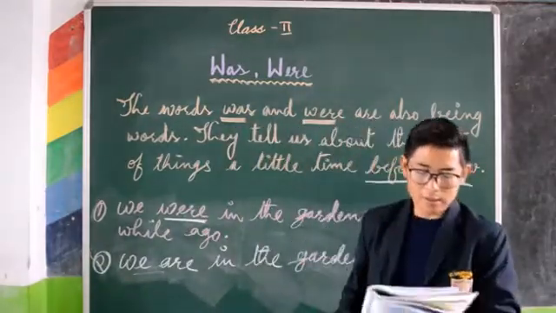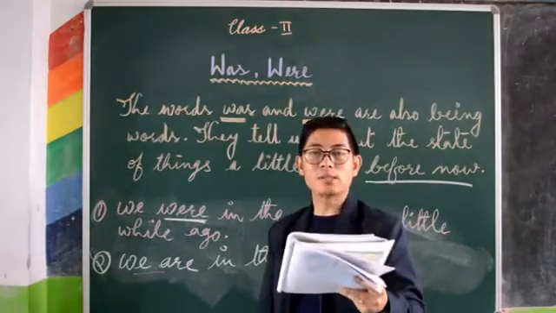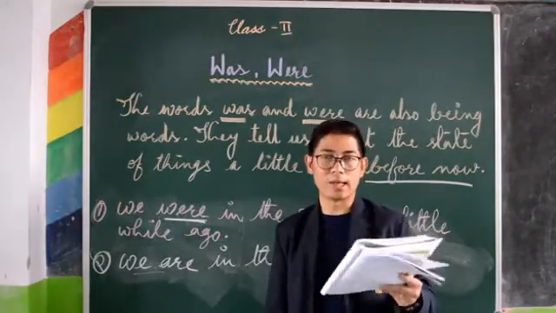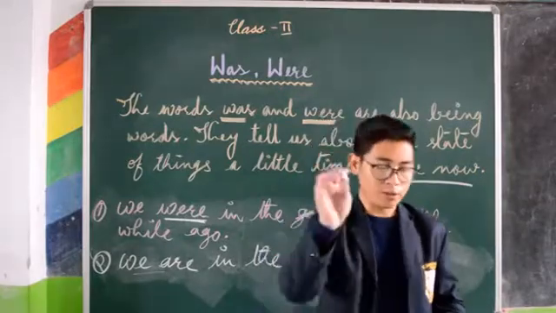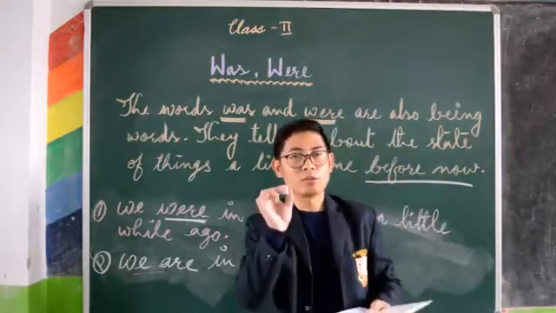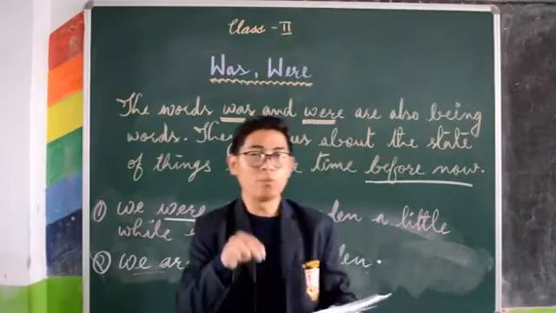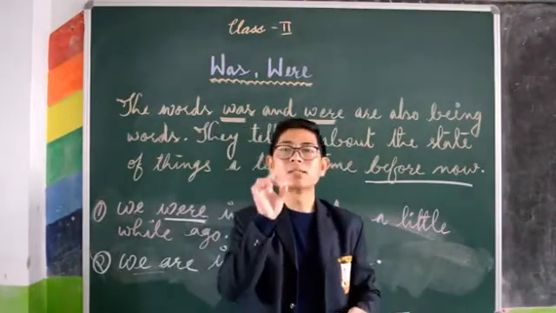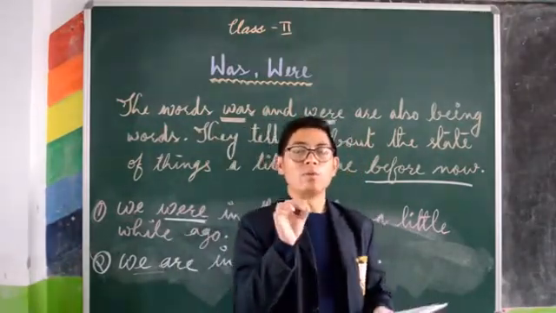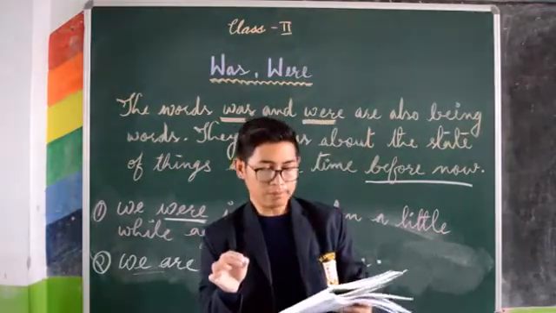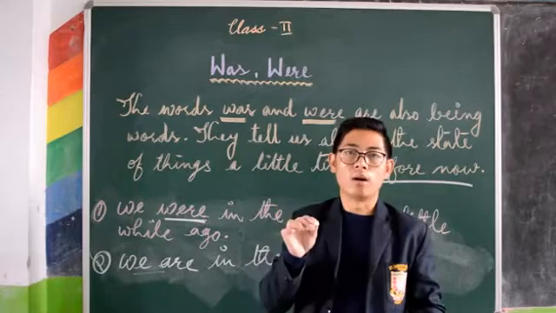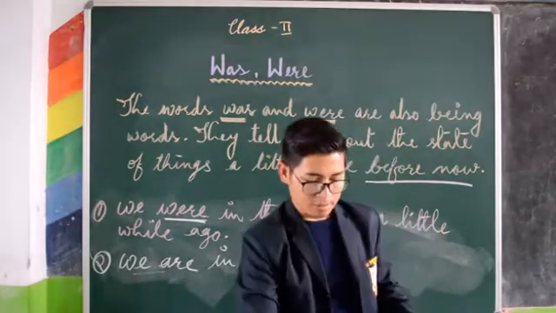This last one. The children were sleepy last night. Children were. Now the thing you need to remember is for singular we use was, and for plural we use were. Okay.